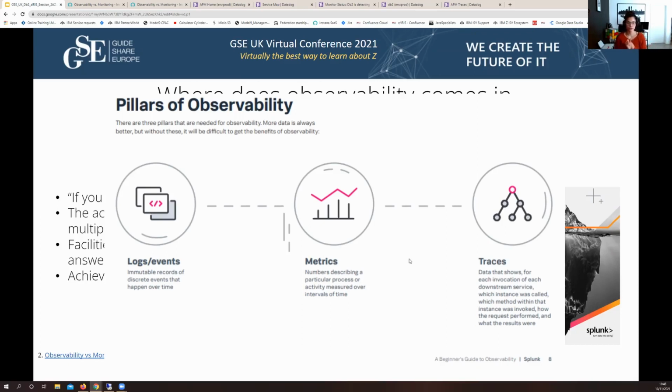So we all know what logs and events are, here described as immutable records of discrete events that happen over time. In this case, observability isn't just creating a log, but being able to provide that externally, so that another system can ingest and understand what's happening inside a system.